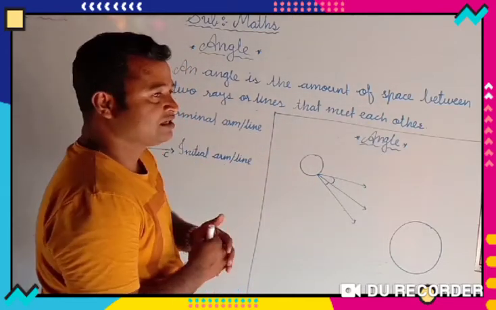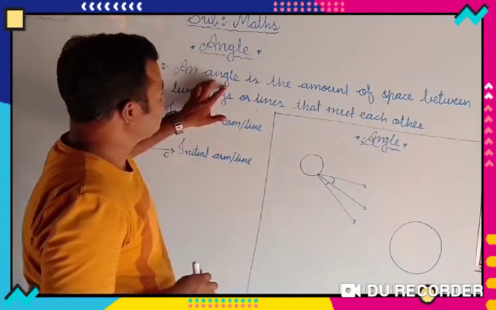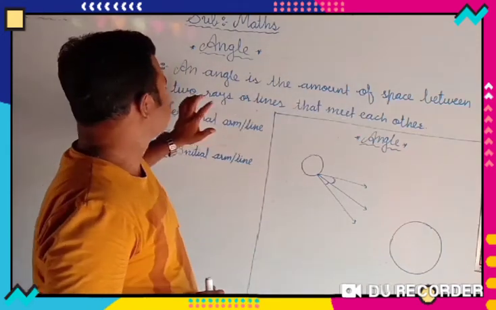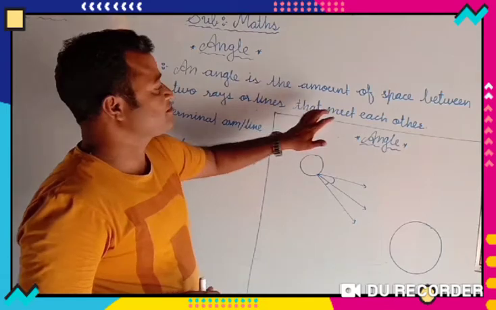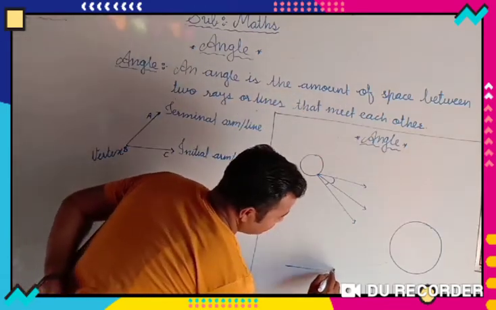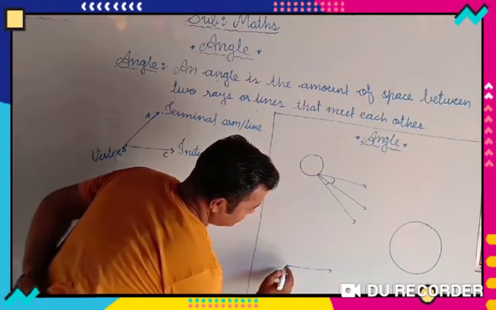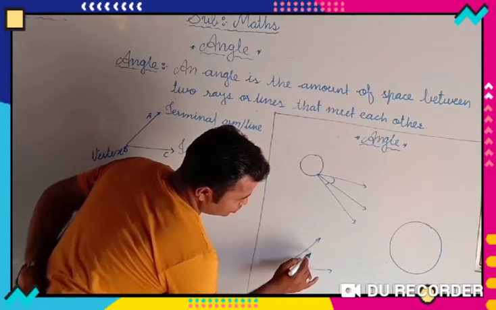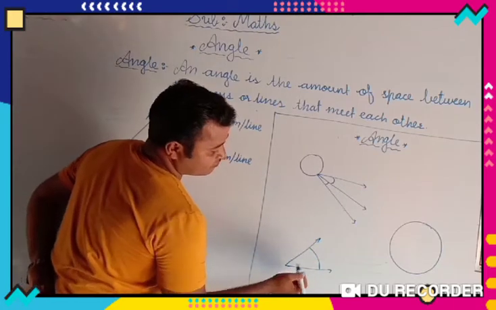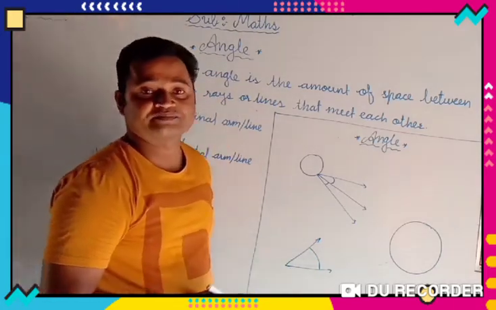So basically the definition of angle is, an angle is the amount of space between two rays or lines that meet each other. That is like this. For example, this one line, you can take this as a ray, and this is another ray. So this space that lies between two rays forms an angle.